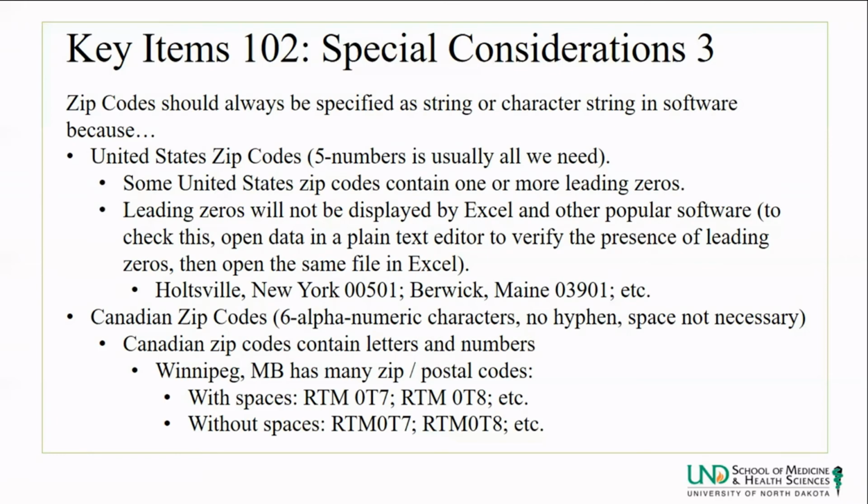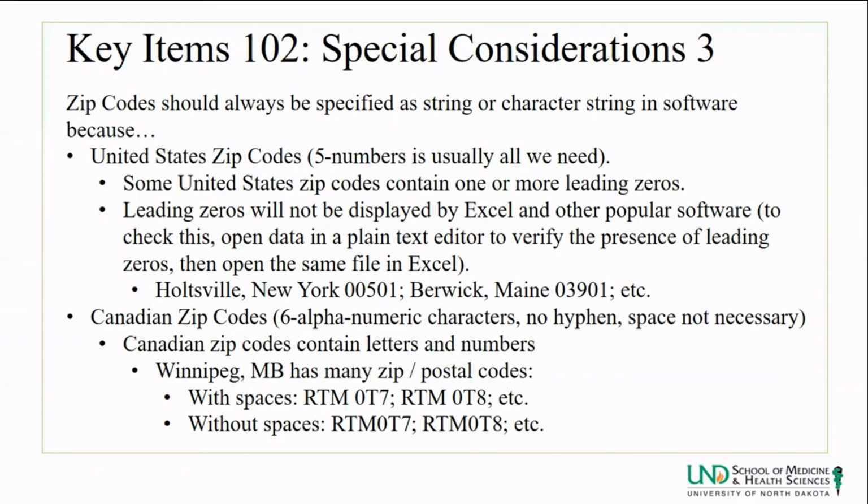That's 5-digit zip codes. And when it gets to Holtzville, New York, it's not thinking this is a representation of a place or a post office. It's thinking this is a number of some sort. I don't need those leading zeros. So you'll just see 501 in Excel.